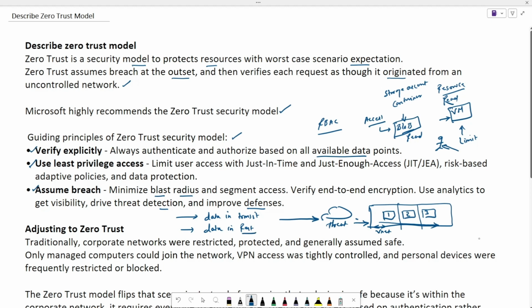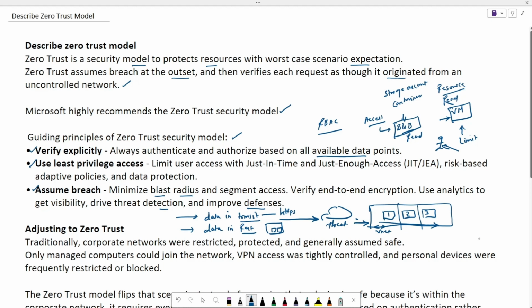So whenever you store any data onto the Azure storage or Azure virtual disk, the data will always be encrypted. Whenever you transfer the data over the wire, so basically you are transferring the data using the internet or you are accessing over the network, then you have to use secure protocols like the HTTPS protocol, which is end-to-end encryption.